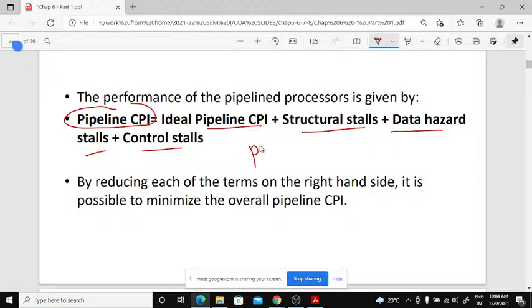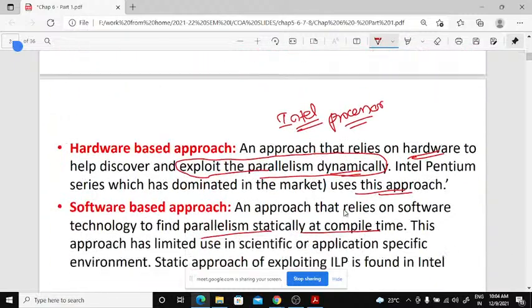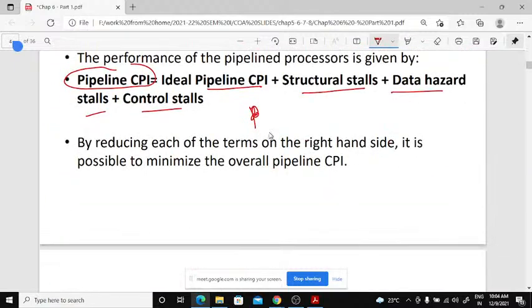Normally each stage takes one clock cycle, and if hazards occur, like structural stall, data hazard stall or control stall, they add to the pipeline CPI. It may be zero if there is no hazard.